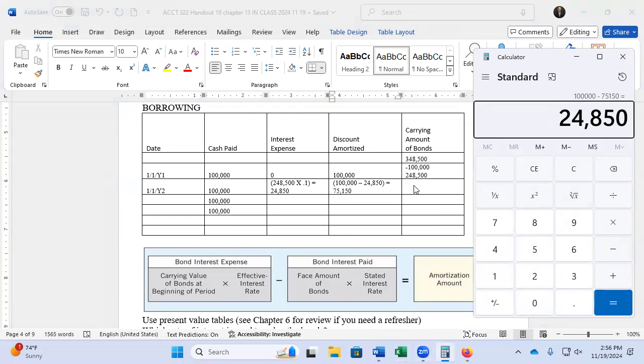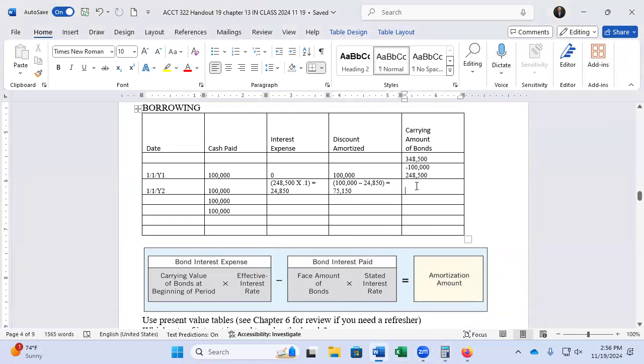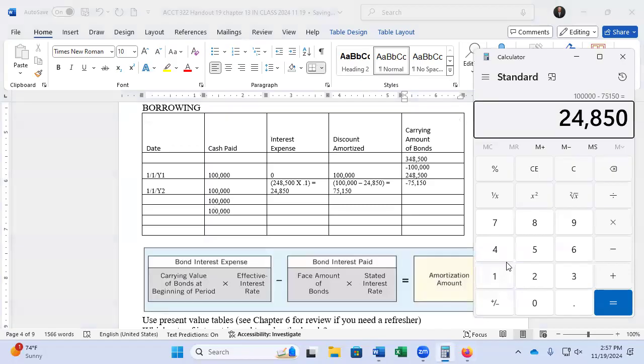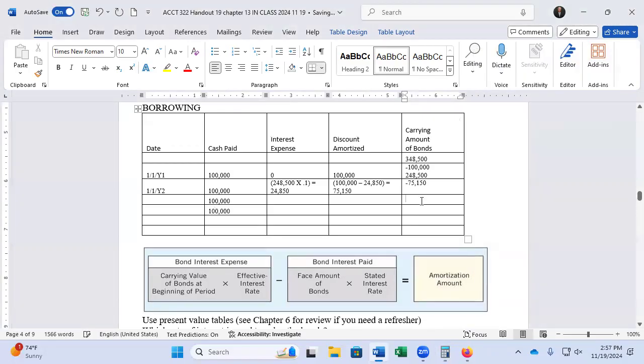Okay, good. And so now I'm going to subtract that 75,150 from our total. And I get 223.